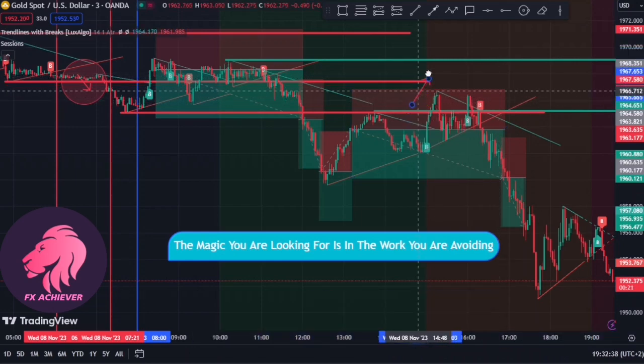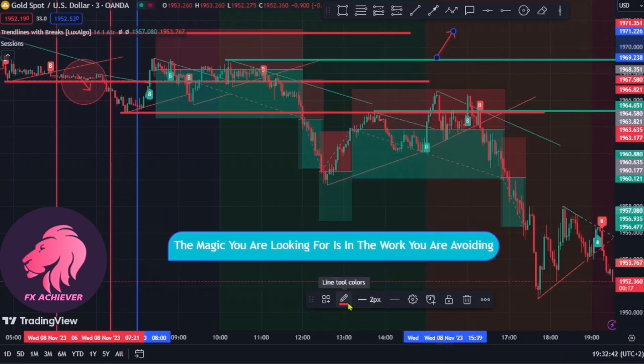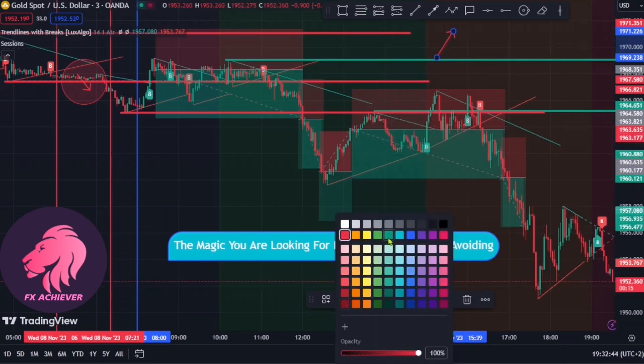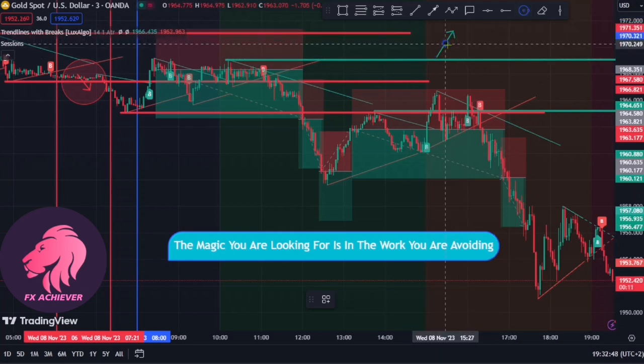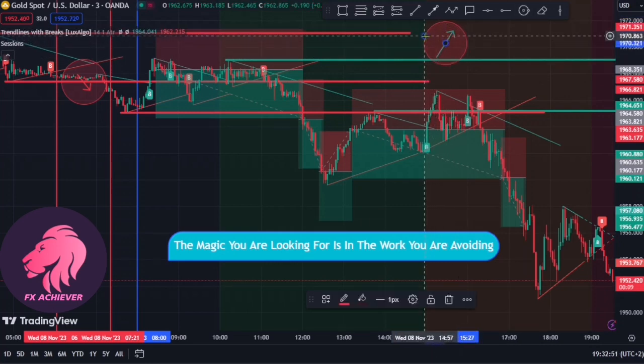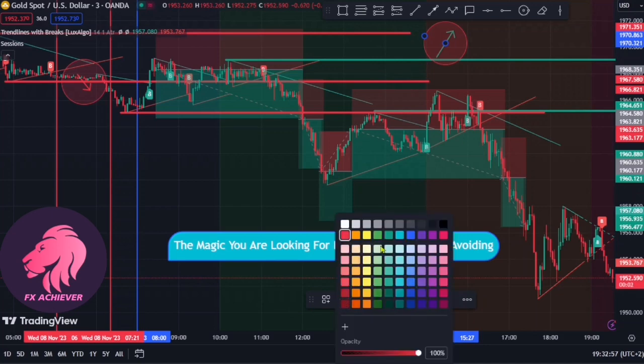After this line here, that's where I was going to consider taking buying opportunities, and I was going to consider this as a change of direction. Only if price comes and beats here, that's when I'm going to start looking for buying opportunities.